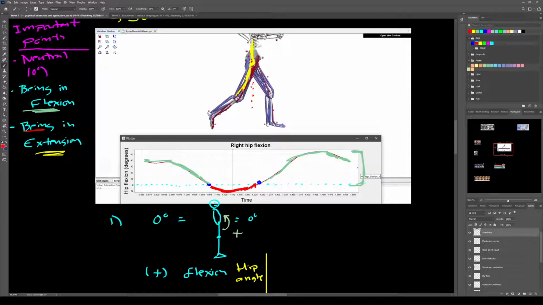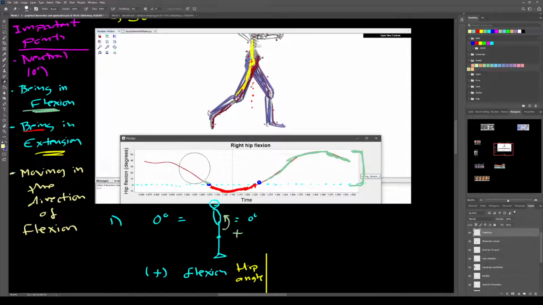Now, that's pretty straightforward, but let's talk about something a tiny bit more complicated, which is moving in the direction of flexion or extension. We talked about this last week, and I put this in the notes to try and clarify it, because it's a little bit tricky.